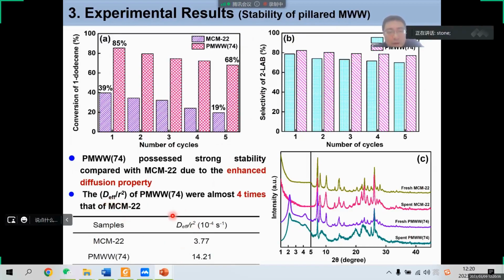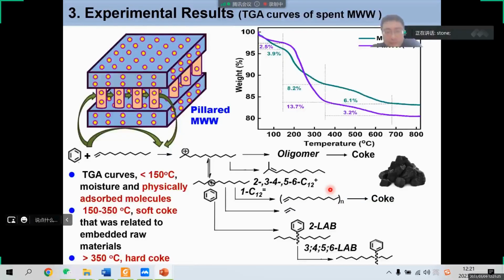From this table, we find the effective diffusion time constant of the repeated MWW zeolite is almost 4 times the rate of MCM-22. This is the XRD pattern for the fresh and spent MWW zeolite. From this picture, we find the repeated MWW zeolite exhibits robust stability in the alkylation reaction.